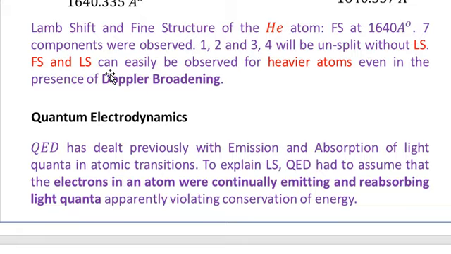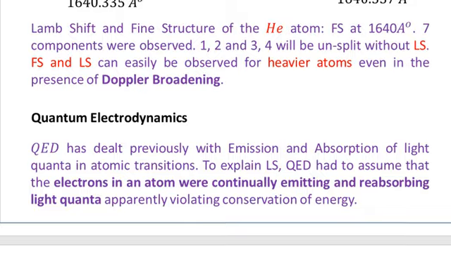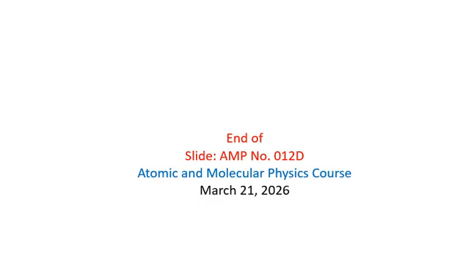So in the last 3 lectures covered in 12A, 12B, 12C, and in the 2 days lecture, which is 12D, I have explained fine structure and Lamb shift in much greater detail, and this provided us the opportunity to explain the H alpha line of the hydrogen atom. So this is the end of slide number 12D of the course on atomic and molecular physics.